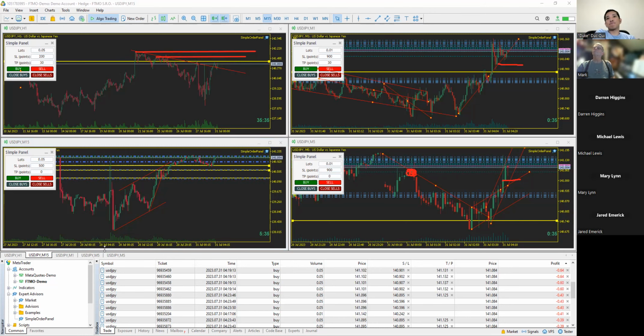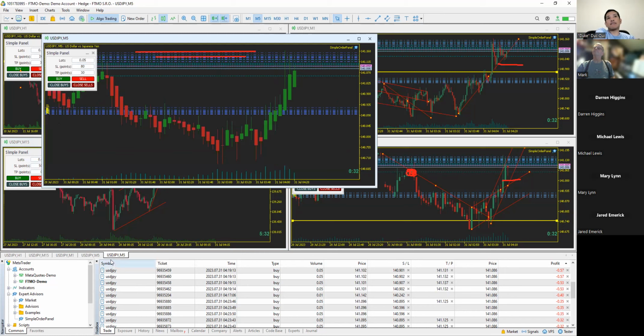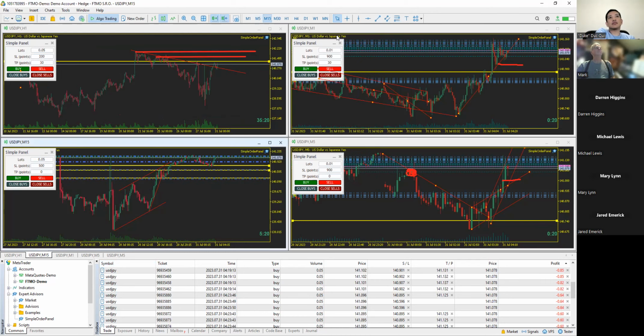Okay. You see that? It's closing as a continuation up. And the body, as far as the wick, it's higher than this pivot. The body close is higher than this pivot, which is a great sign.